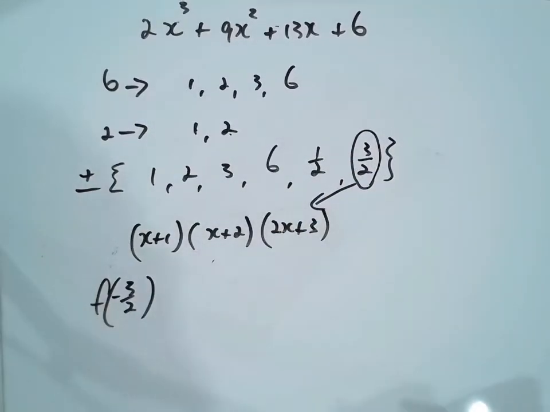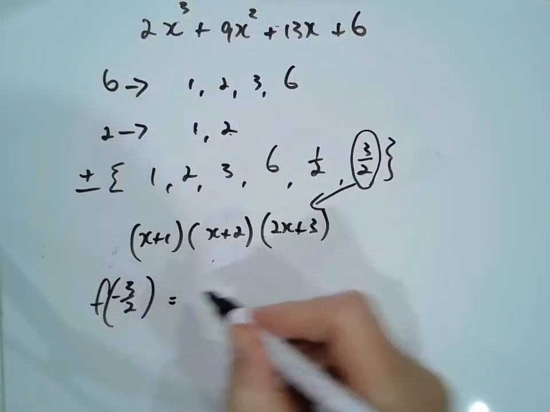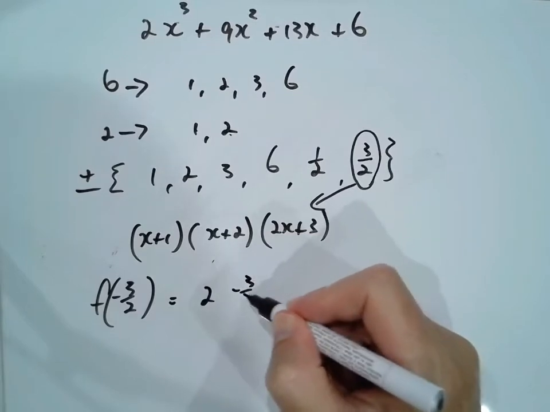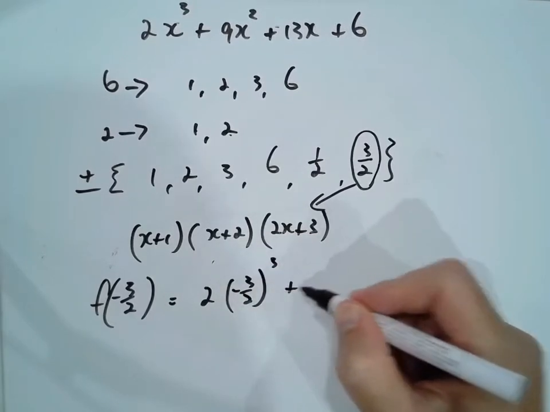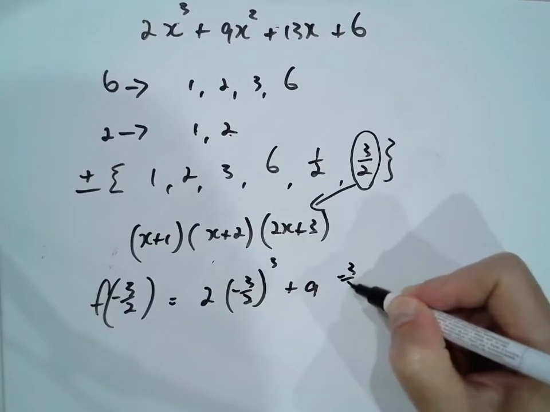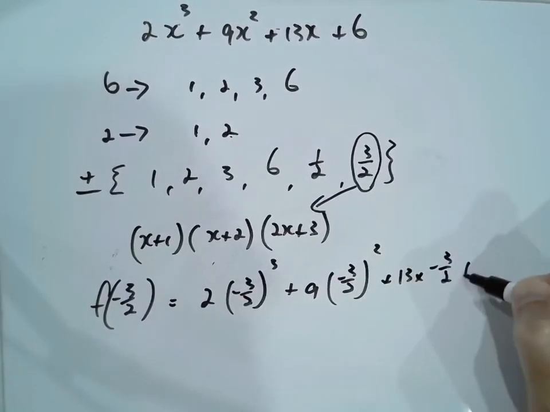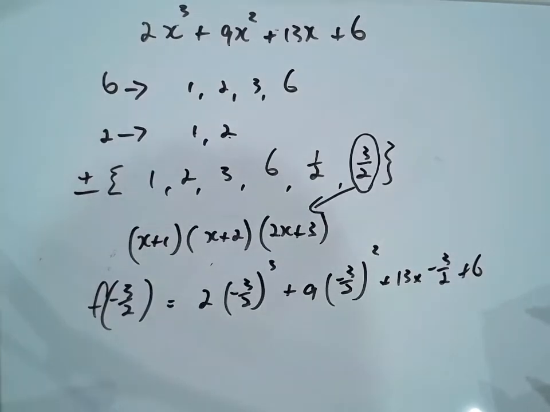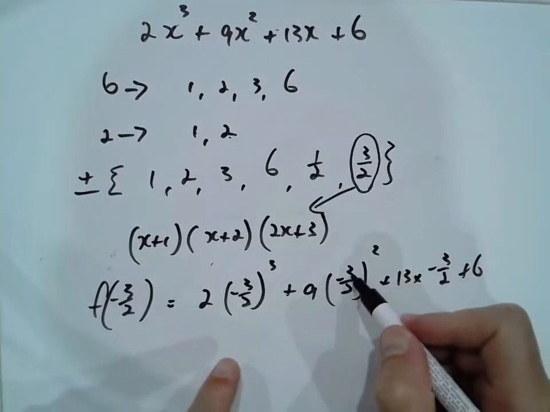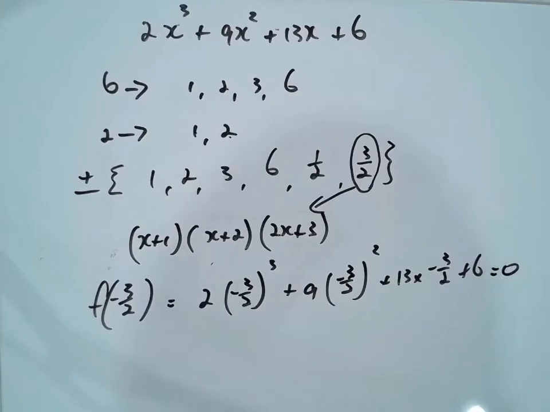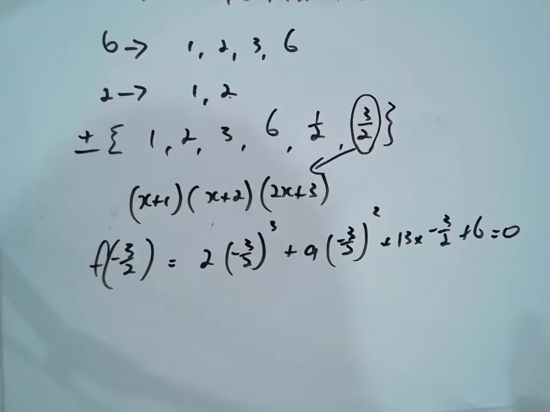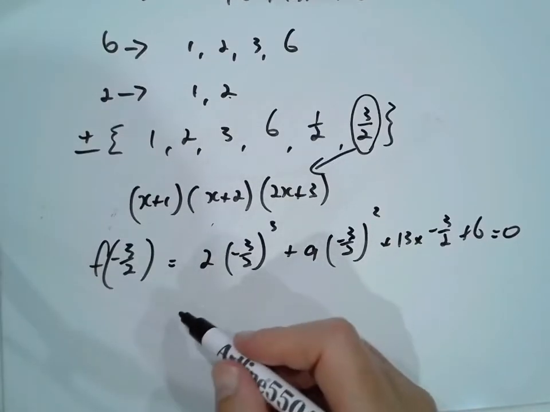It's got to be negative 3 on 2, which it is. If, for some strange reason, we thought we'd try that one and got a 0, here's a challenge. Use your synthetic division here.